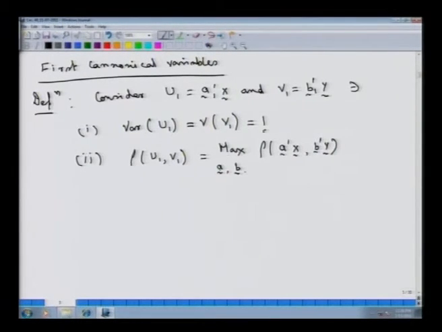So, this maximization is over a and b. If we have u1 and v1 such that these two conditions are satisfied, then u1, v1 is called the first pair of canonical variables.